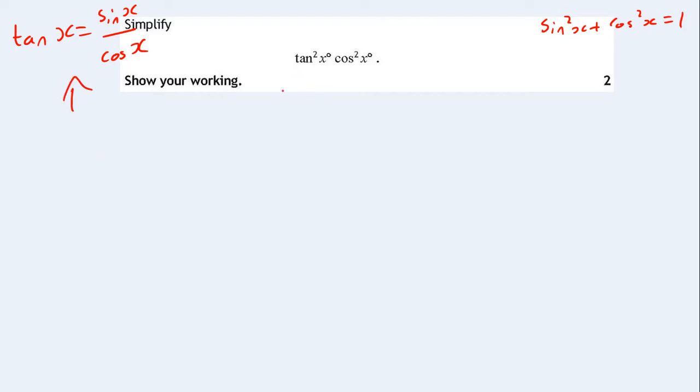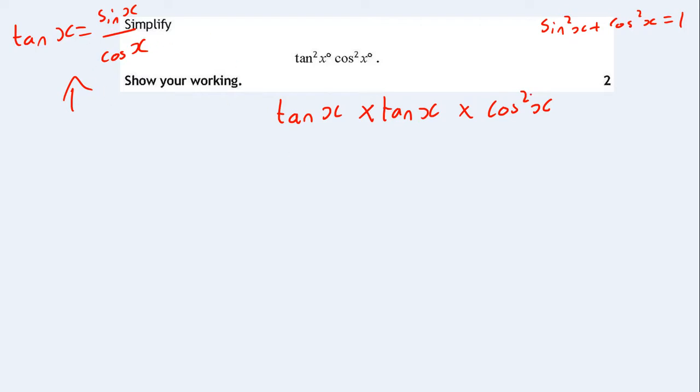Okay, just to be super clear what tan squared x actually means, tan squared x just means tan x times tan x. Yeah? And that's times cos squared x. So let's just replace the tan with this.